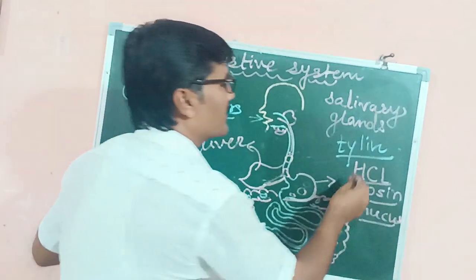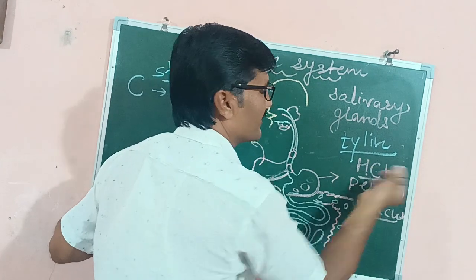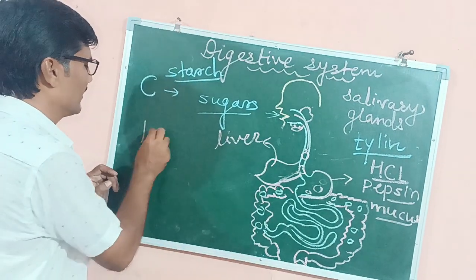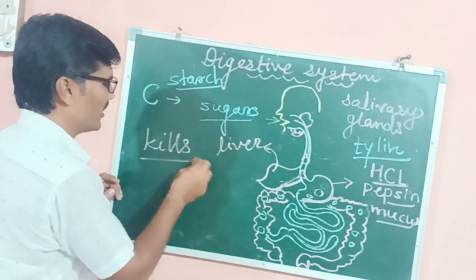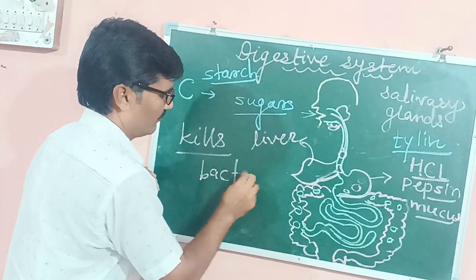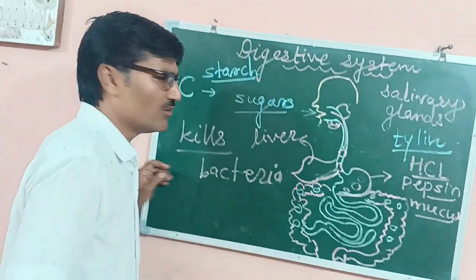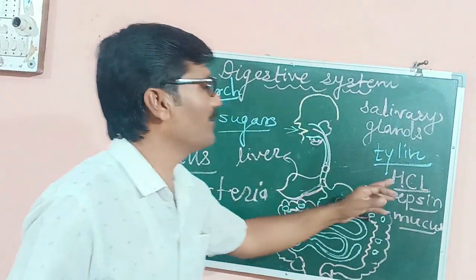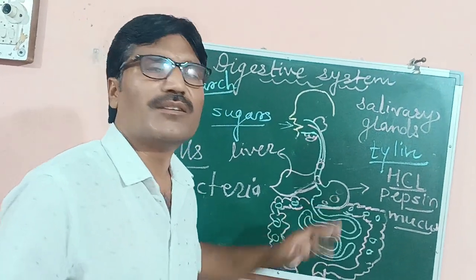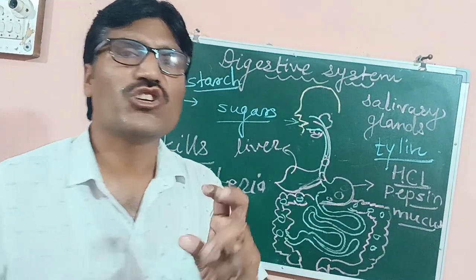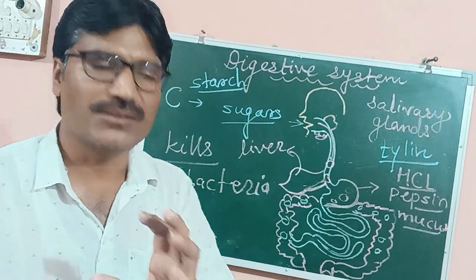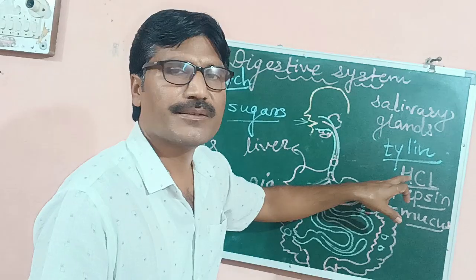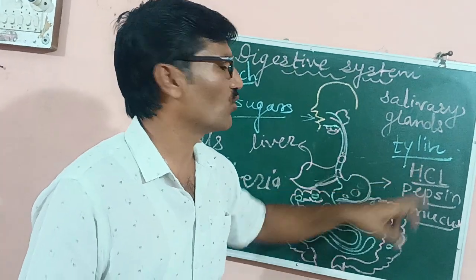That's why hydrochloric acid kills the bacteria. Another thing hydrochloric acid does is that food is digested properly, especially proteins. Proteins are hard foodstuffs, so those are digested because of hydrochloric acid.